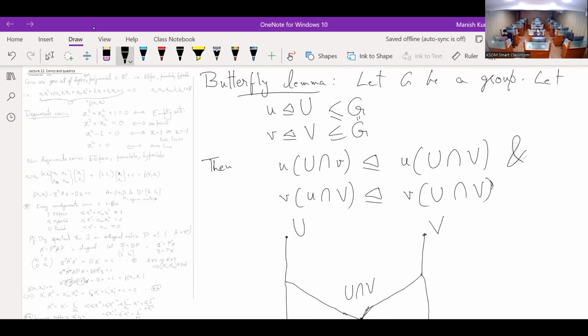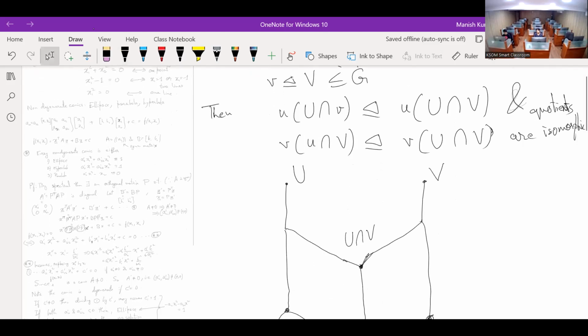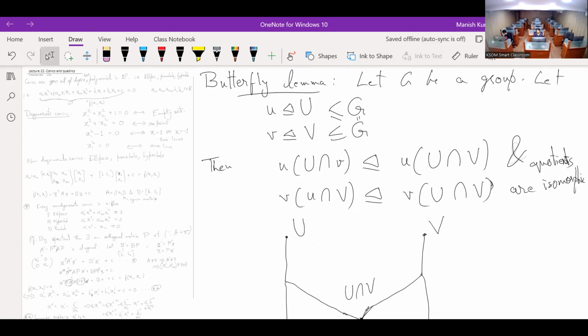The quotients are isomorphic. So these are normal subgroups and the quotients are isomorphic. That is the content of this butterfly lemma.